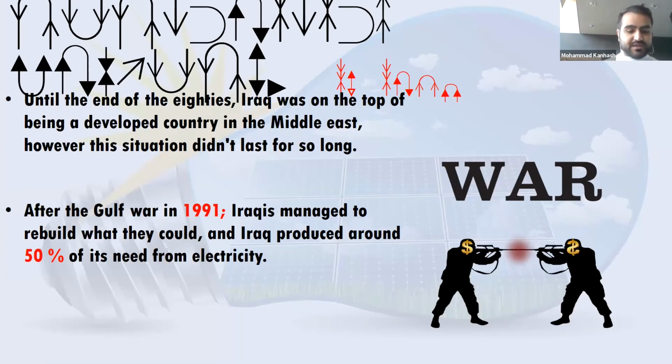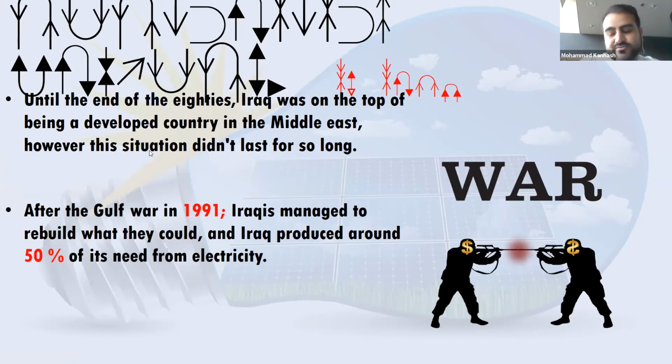Nevertheless, the huge hit we got was in 1991, which came after the war with Kuwait. The US led a coalition of 33 countries, and these countries destroyed Iraq, actually. And 6 months afterwards, Iraqis managed to rebuild this infrastructure, including the electricity.